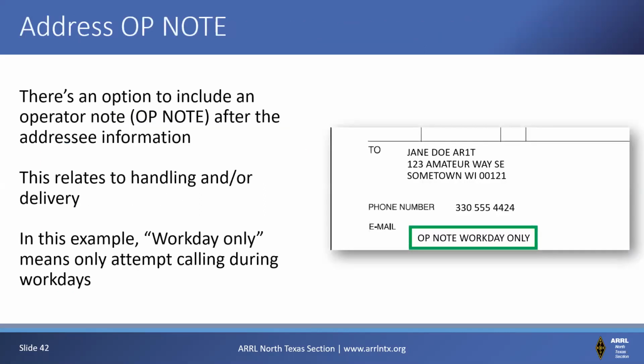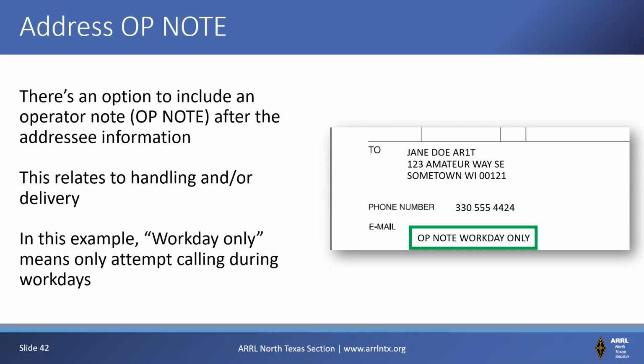Op notes. This is not something that's commonly seen, but it can be, so I'll just mention it. There are two places op notes can appear. This is the first one, and it relates to handling or delivery. In this example, I've put "work day only." Maybe the phone number I've given is a work phone number, so why bother calling on the weekend?